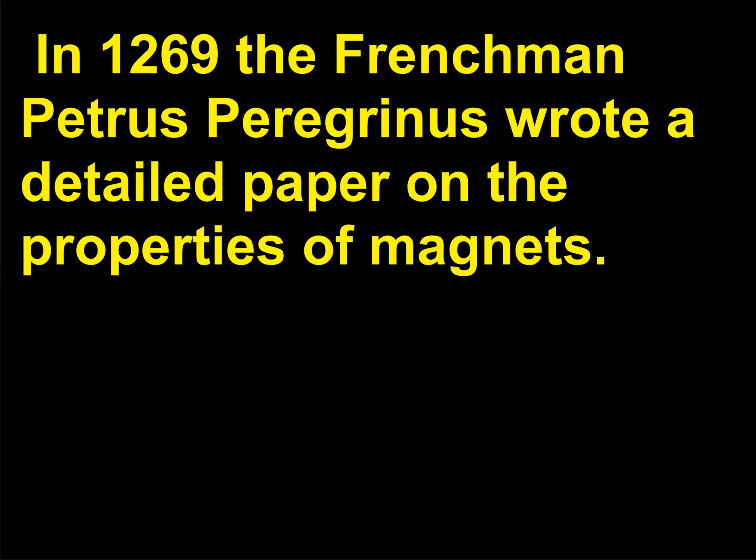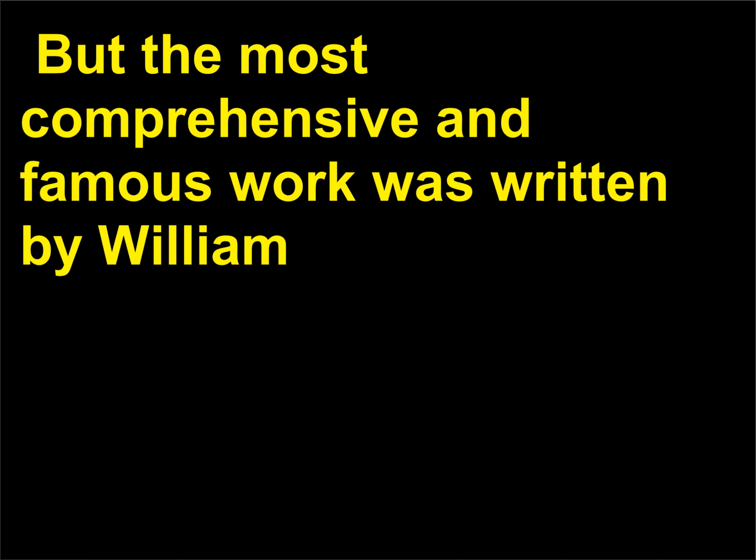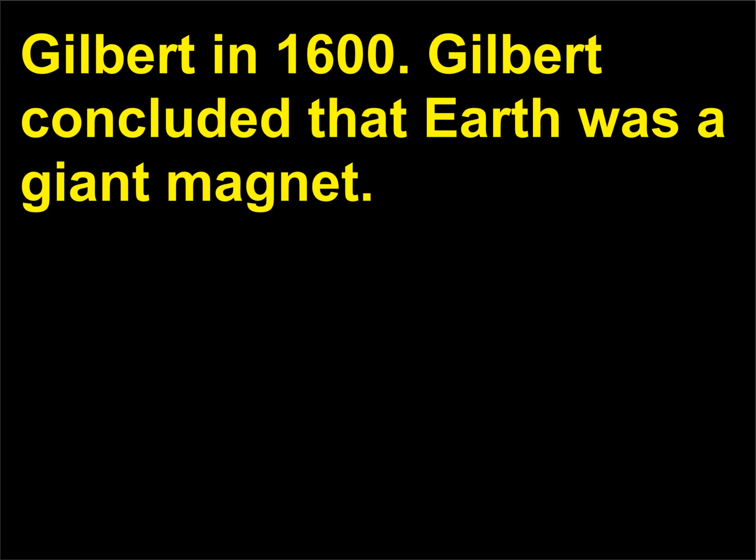In 1269, the Frenchman Petrus Peregrinus wrote a detailed paper on the properties of magnets. But the most comprehensive and famous work was written by William Gilbert in 1600. Gilbert concluded that Earth was a giant magnet.